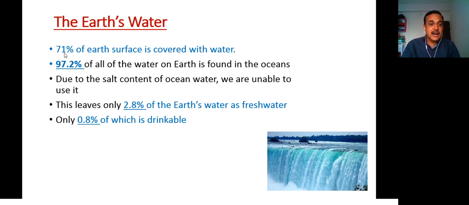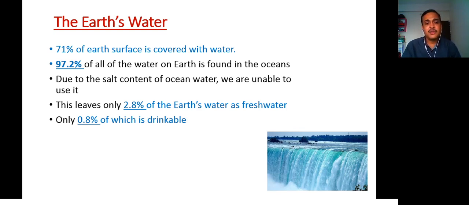Out of this 71% of the Earth's surface covered with water, approximately 97% of water is in the form of ocean or salty water, seawater, which has a very high salt content, because of which we are unable to use it.